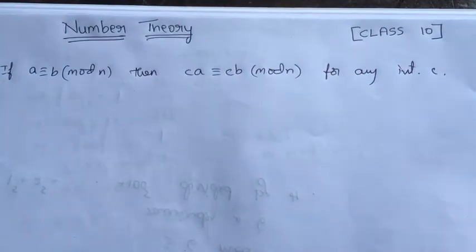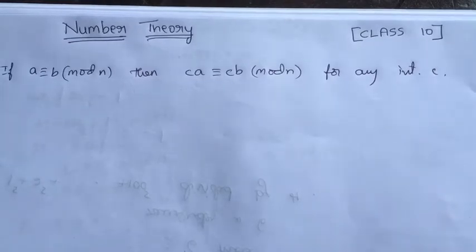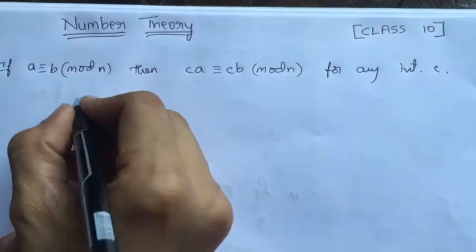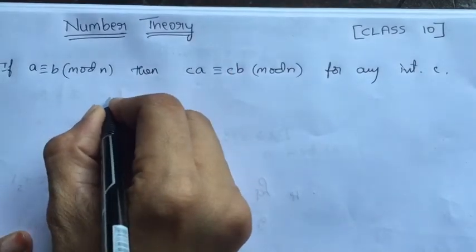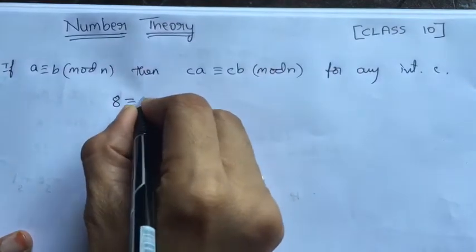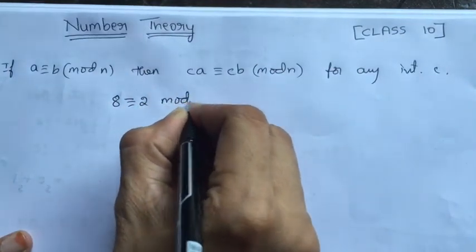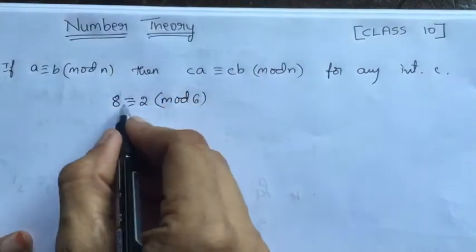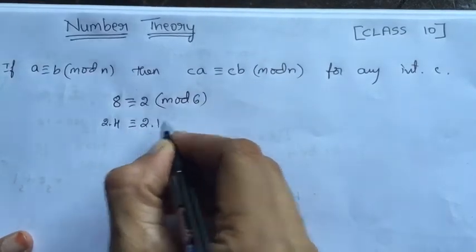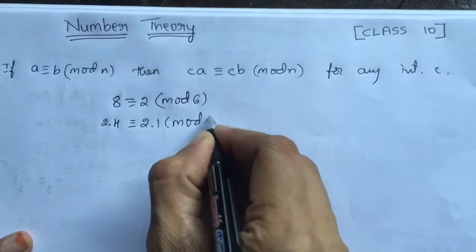Whether the converse is true? In fact, it fails to hold. For example, 8 is congruent to 2 mod 6. This can be written as 2 into 4 is congruent to 2 into 1 mod 6.